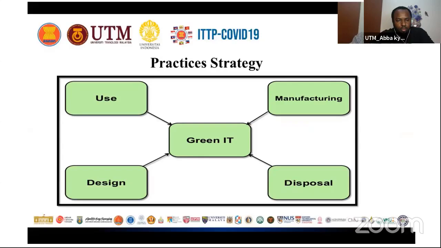Green designing: energy efficient computer services and cooling equipment. Green disposal: reusing old computers and properly recycling other electronic equipment. Green manufacturing: manufacturing the electronic elements of computers with no impact on the environment.